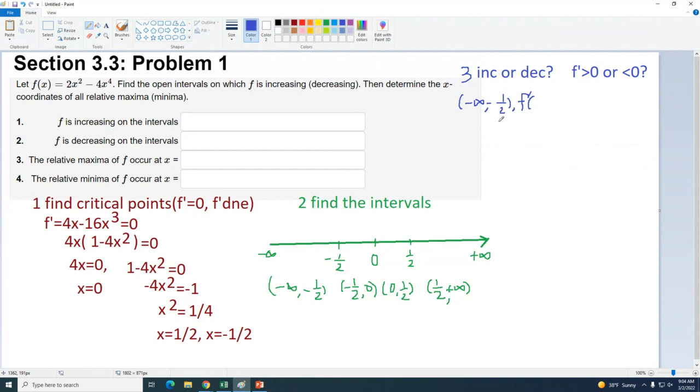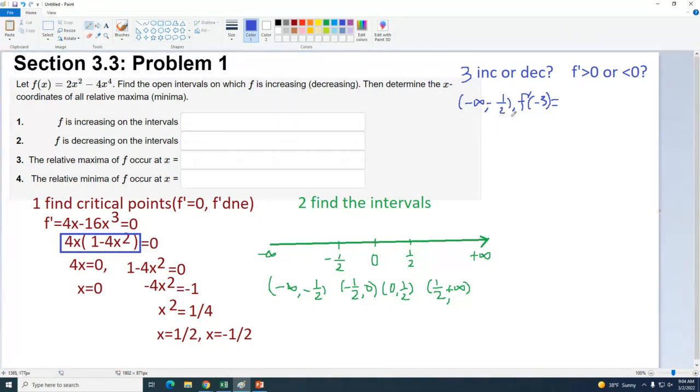Let's pick a point from negative infinity to negative 1/2. What do you want to use? The interval is large enough. Negative 3. So we're going to do negative 3. Whichever one is fine, but I would recommend using the factored form because it's a little easier to calculate.